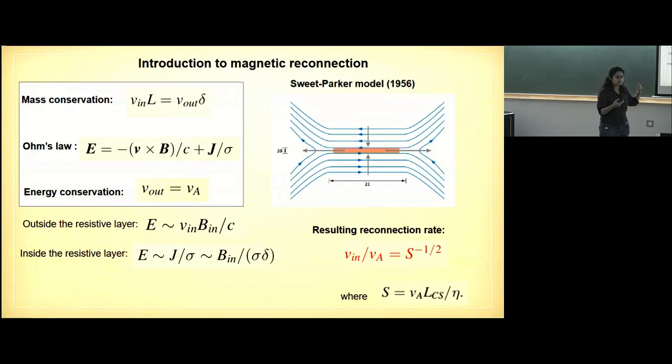So I think the confusion is that Ohm's law is J equals sigma E. People who work with electrons in a condensed matter system are used to that. What is this V cross B by c that appears next? That's the question.